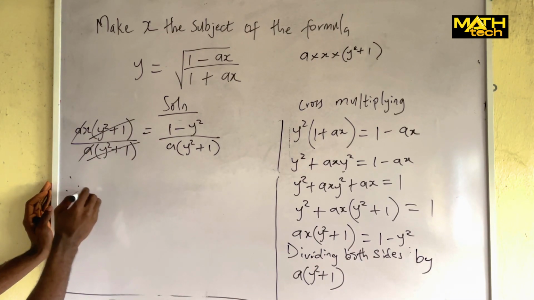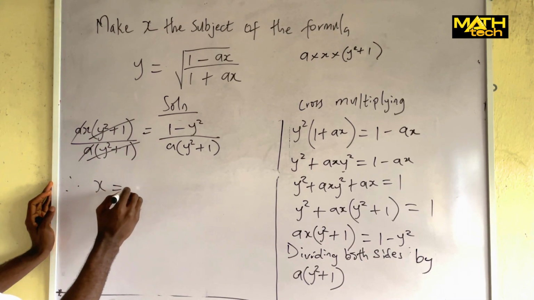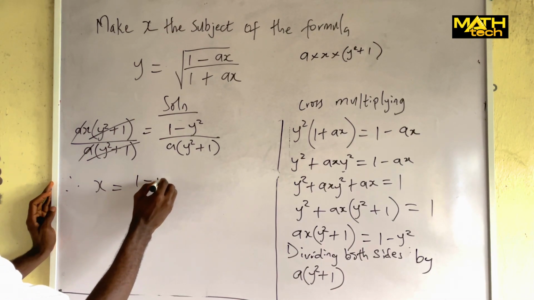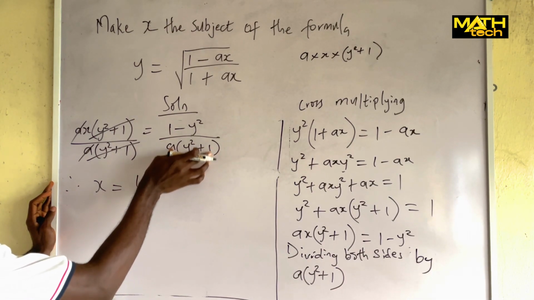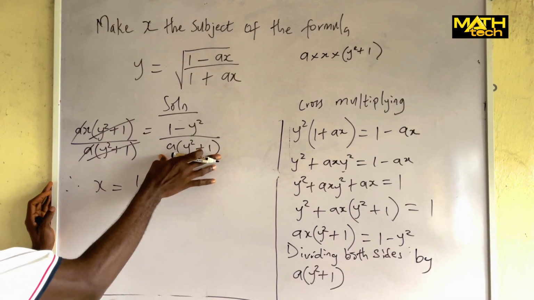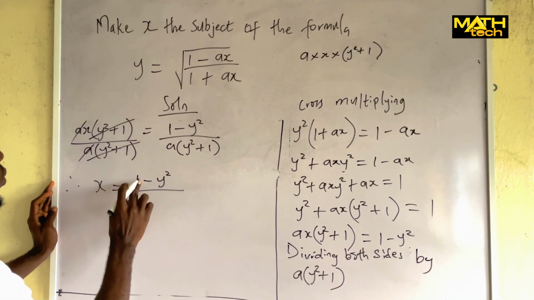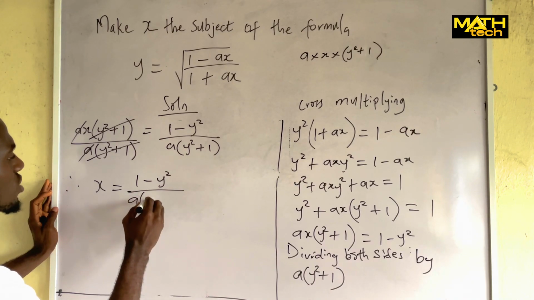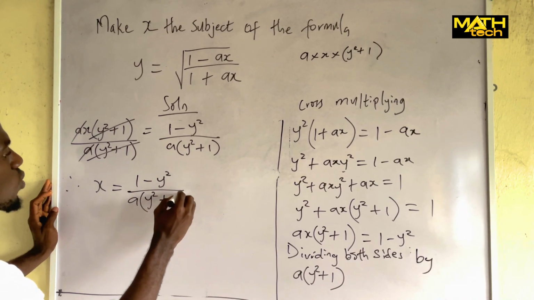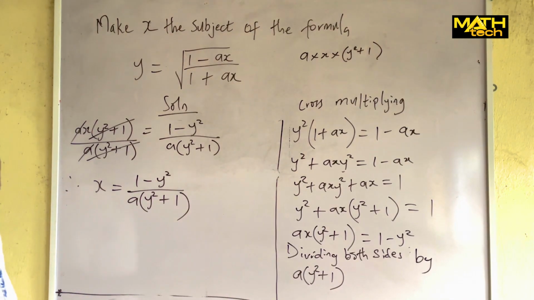And now therefore we have that our x will be equal to 1 minus y squared. So there is no common term in the numerator and the denominator. So our x is therefore equal to 1 minus y squared all over a into y squared plus 1. So that's all for this video.